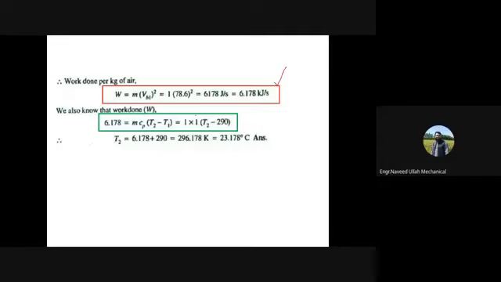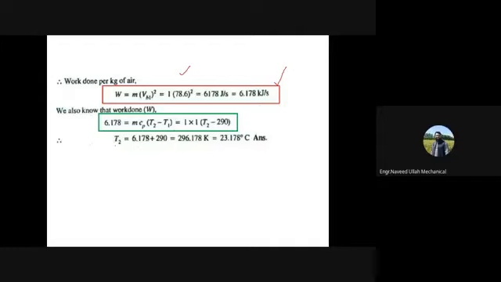We also know this is the maximum work, and that work is also m Cp delta T, in terms of enthalpies. So work we have found, and then m Cp (T2 minus T1), all the things except T2 are given.